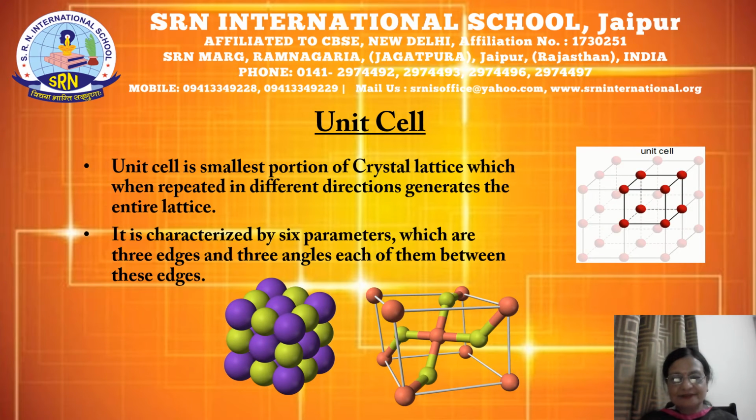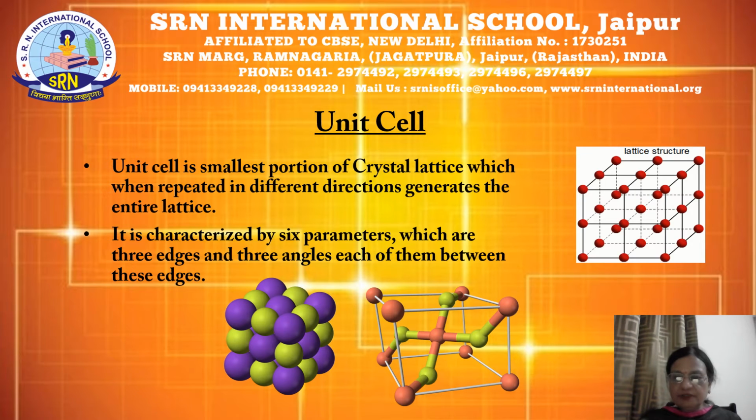Unit cell. Unit cell is the smallest portion of crystal lattice which, when repeated in different directions, generates the entire lattice. It is characterized by three edges which are denoted as a, b and c, and three angles. These three angles are alpha, beta, gamma.